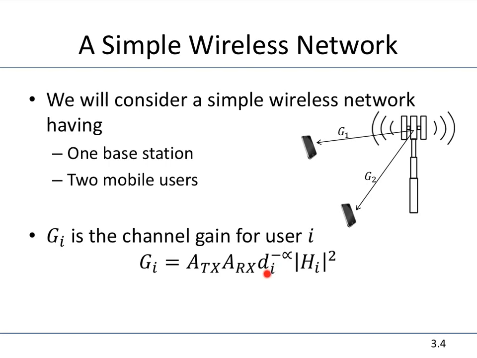So depending on DI, the user might have a specific gain, which is good or bad. So that's the scenario.